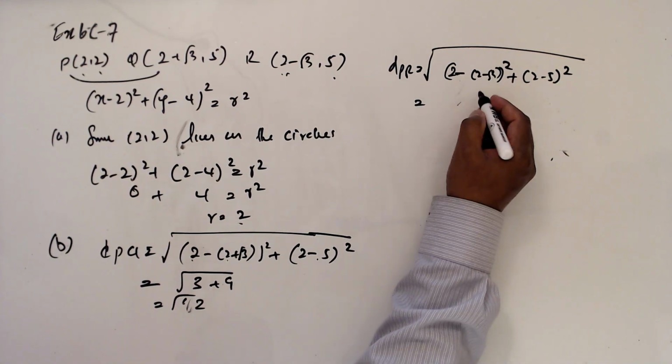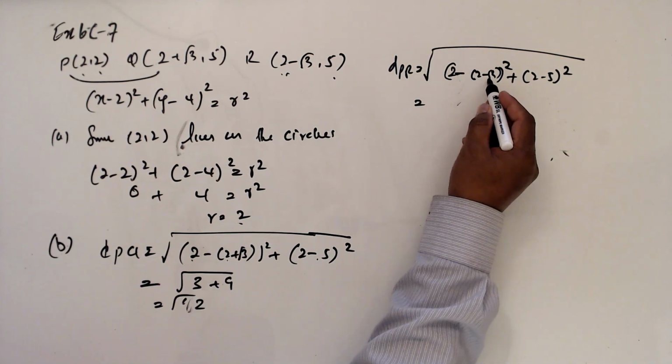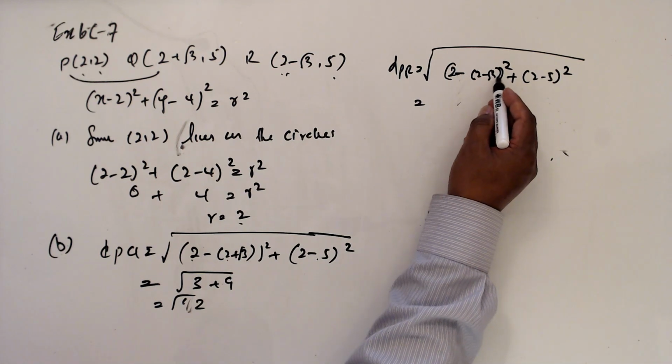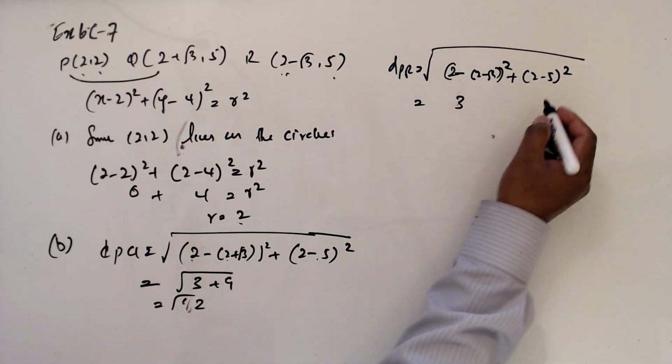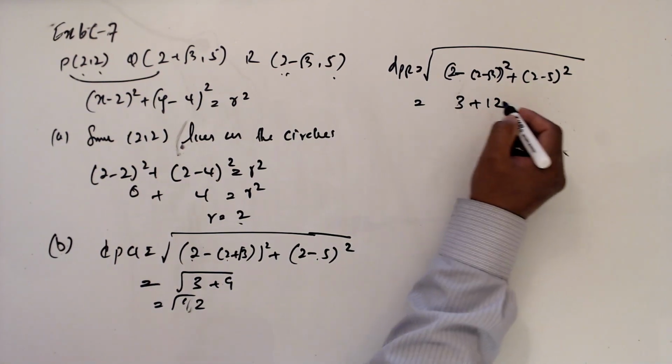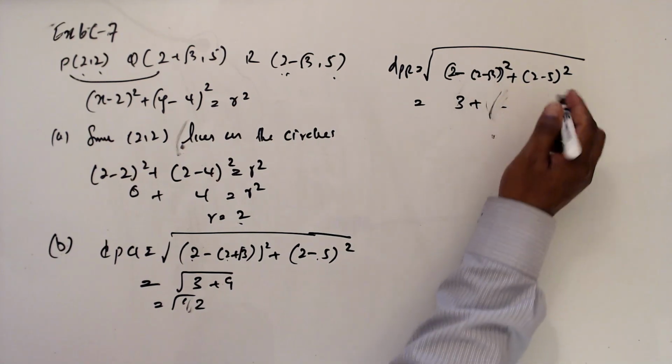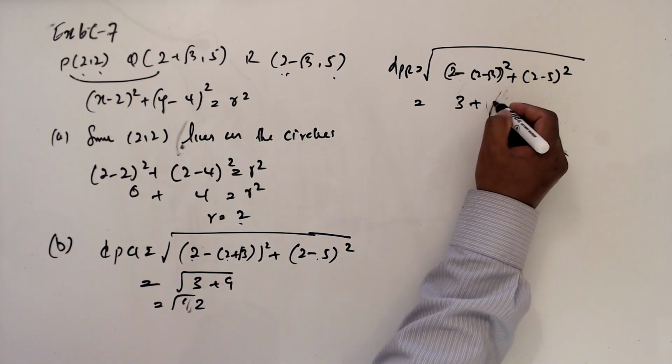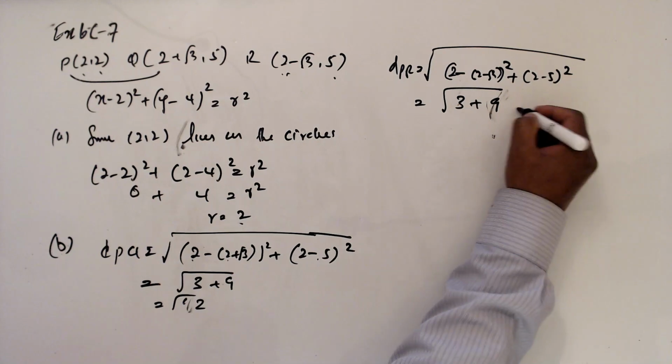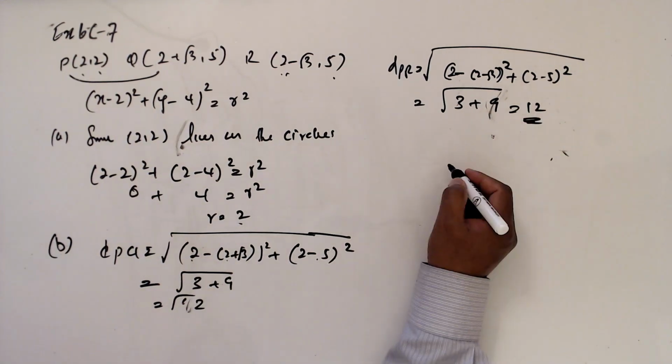So again the 2s cancel out, minus 3 plus 3, square root 3 square is 3, and this is 9 again, 2 minus 5, 3 square is 9. So this is going to be square root 12 again.